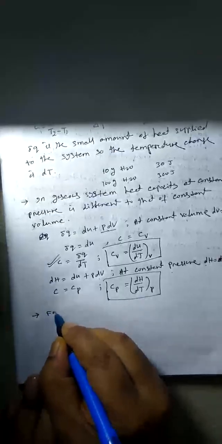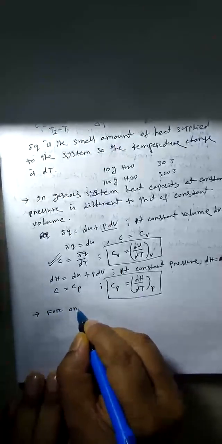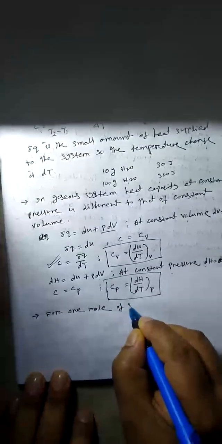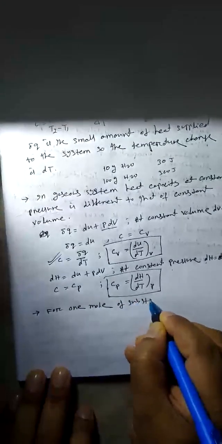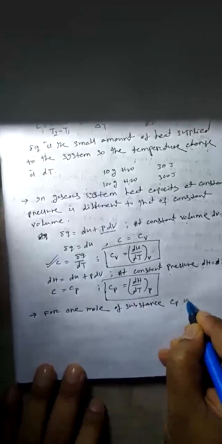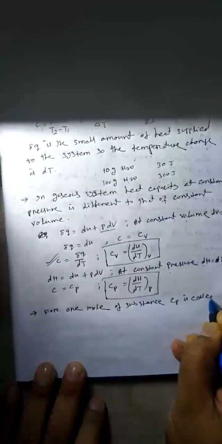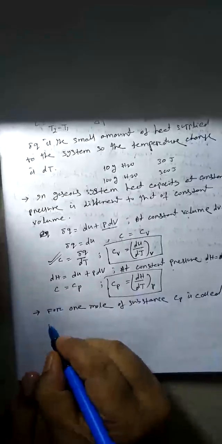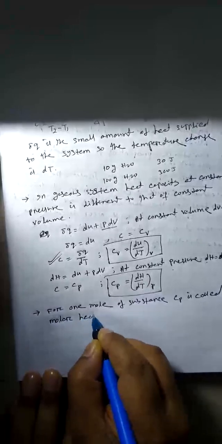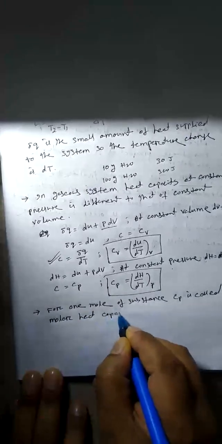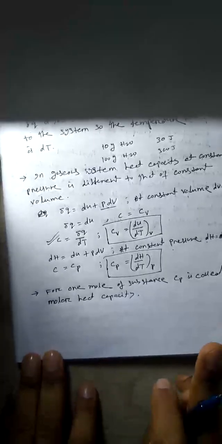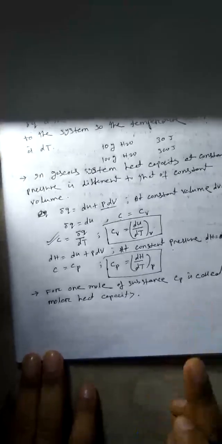For 1 mole of substance, Cp is called molar heat capacity.